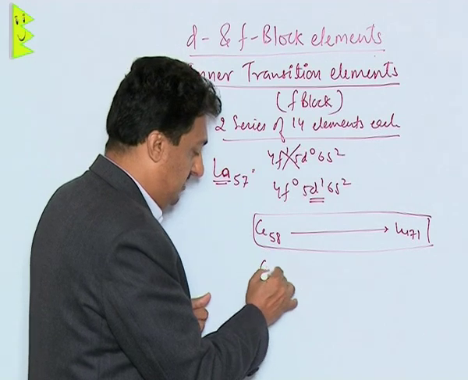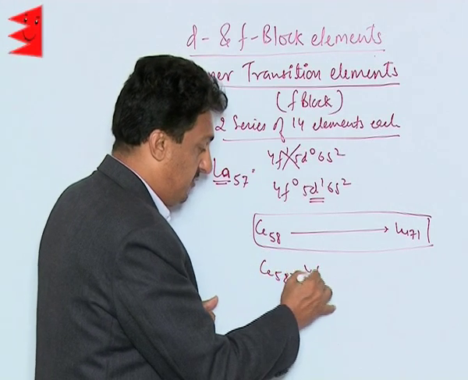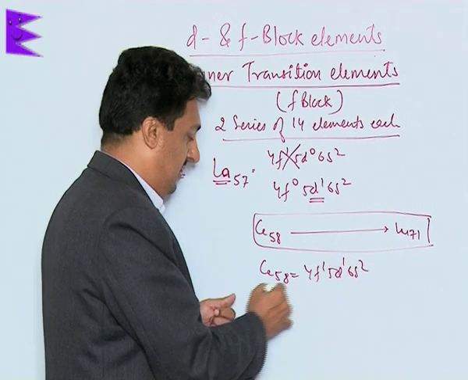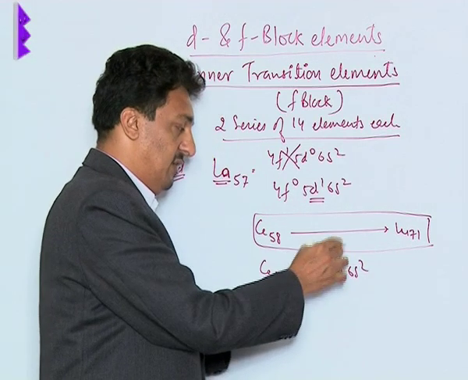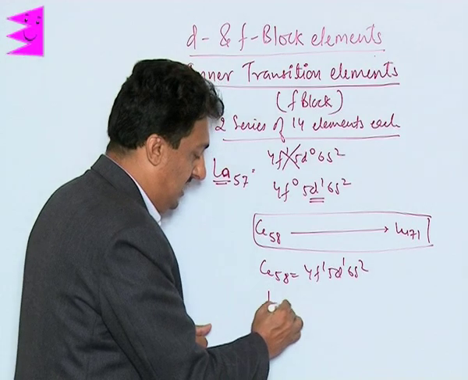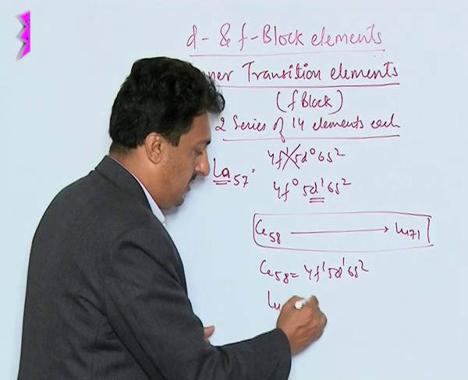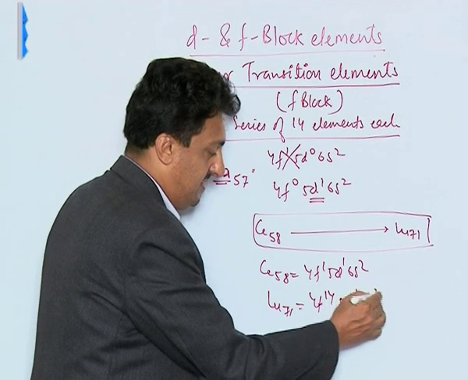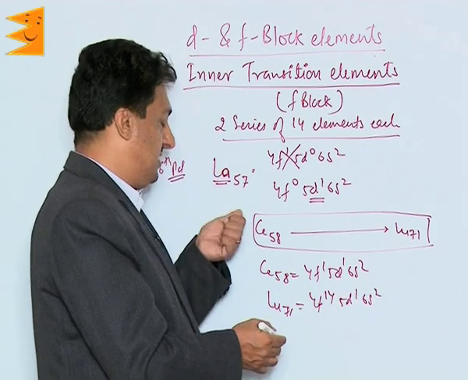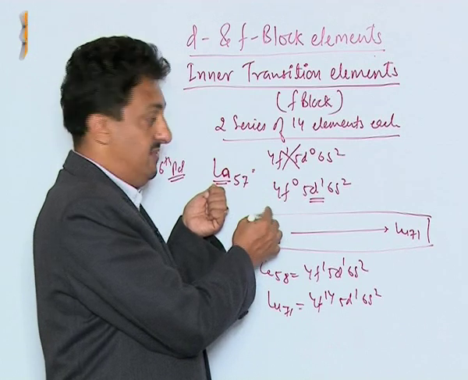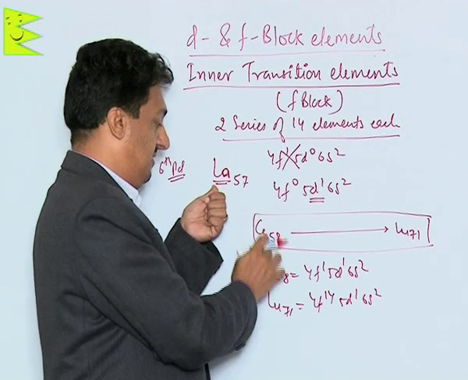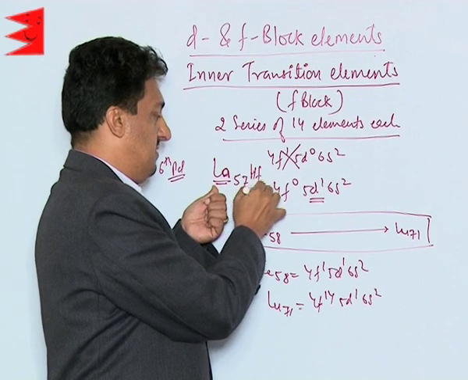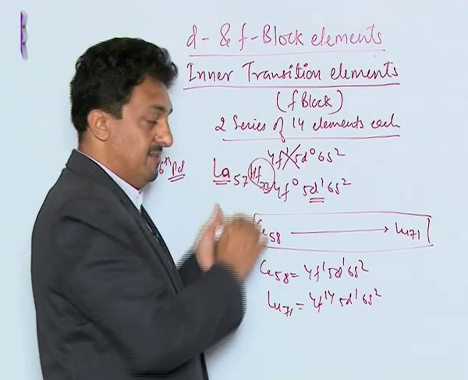The configuration of cerium 58 is 4f1, 5d1, 6s2, and the 4f is successively filled. So at the end, lutetium 71 has the configuration 4f14, 5d1, 6s2. The next element is not cerium, it is hafnium 72, which comes again in the D block.